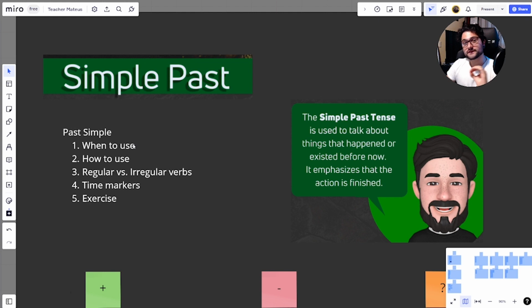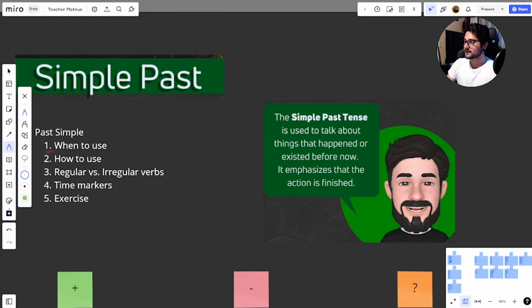We are going to understand the difference between regular and irregular verbs. If you are not familiar with these terms, don't worry, because today we are going to get to know them. We are going to talk about something called time markers, as you can see here, and we are going to do an exercise together.